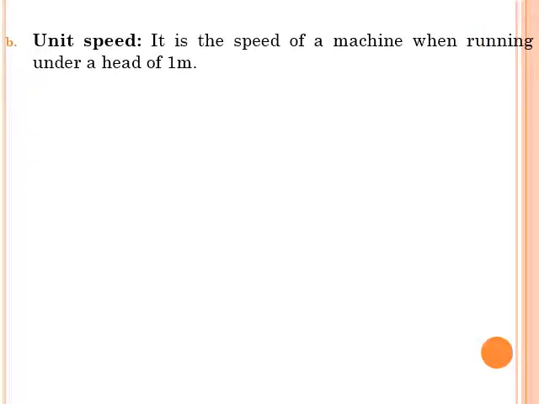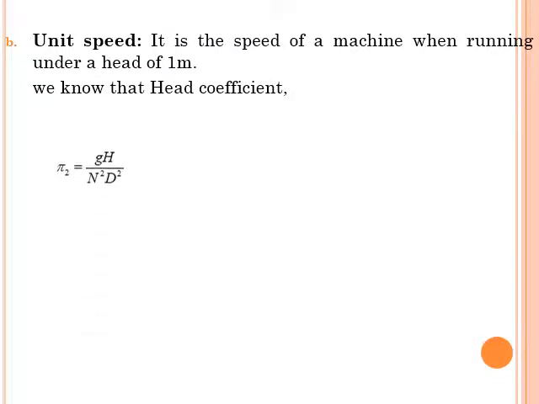The second unit quantity is unit speed. It is the speed of the turbo machine when running under a head of 1 meter. We know that the head coefficient, denoted by the pi 2 term, is a constant equal to gH by N square D square.